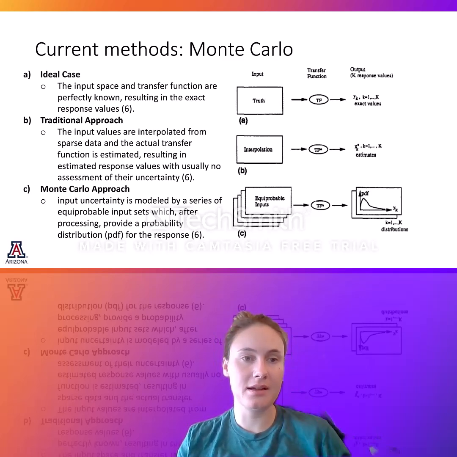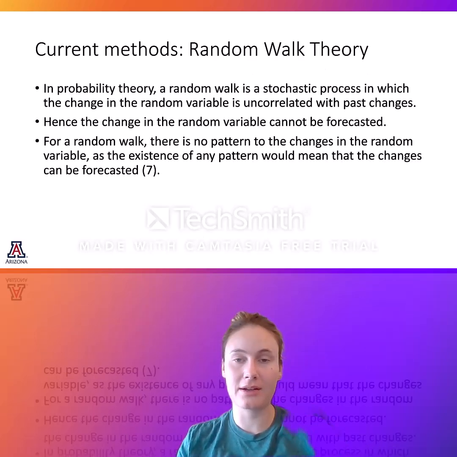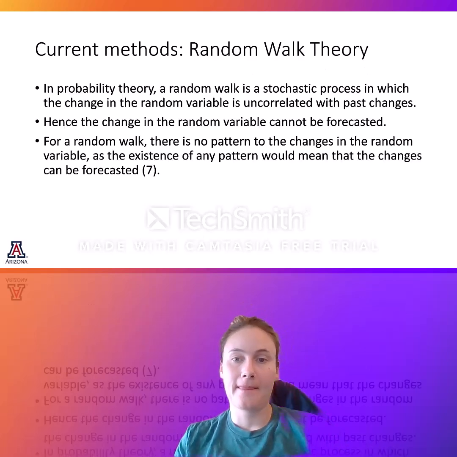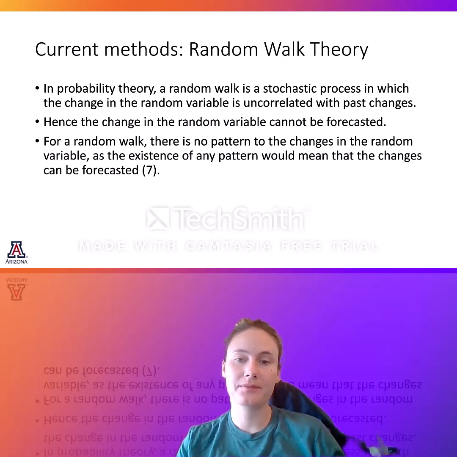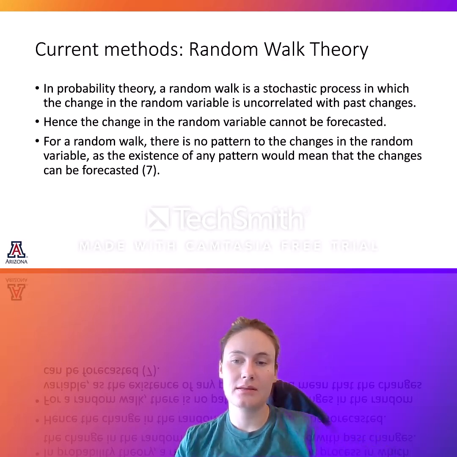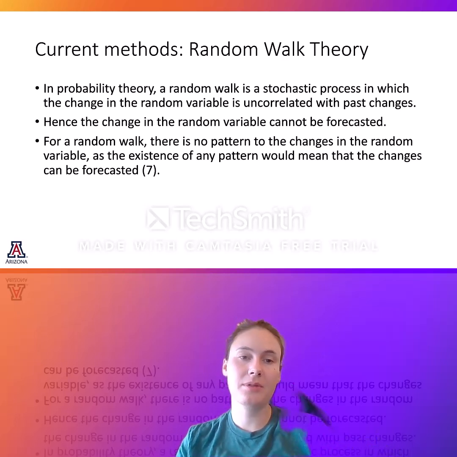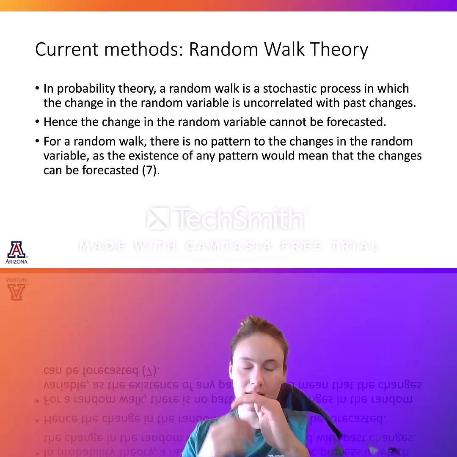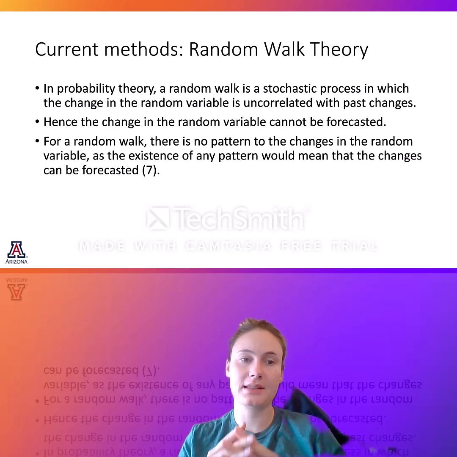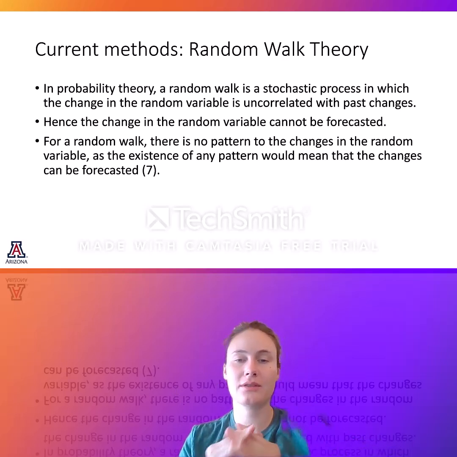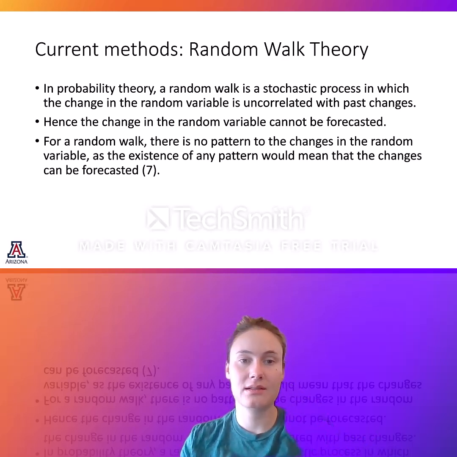All right. The next stochastic imaging method I'm going to talk about is random walk theory. In probability theory, a random walk is a stochastic process in which the change in the random variable is uncorrelated with past changes.